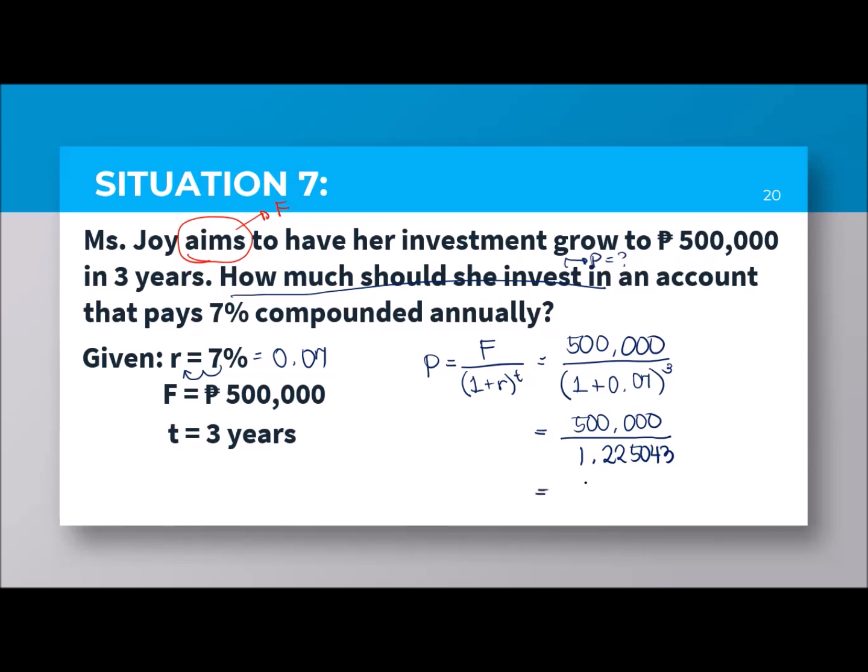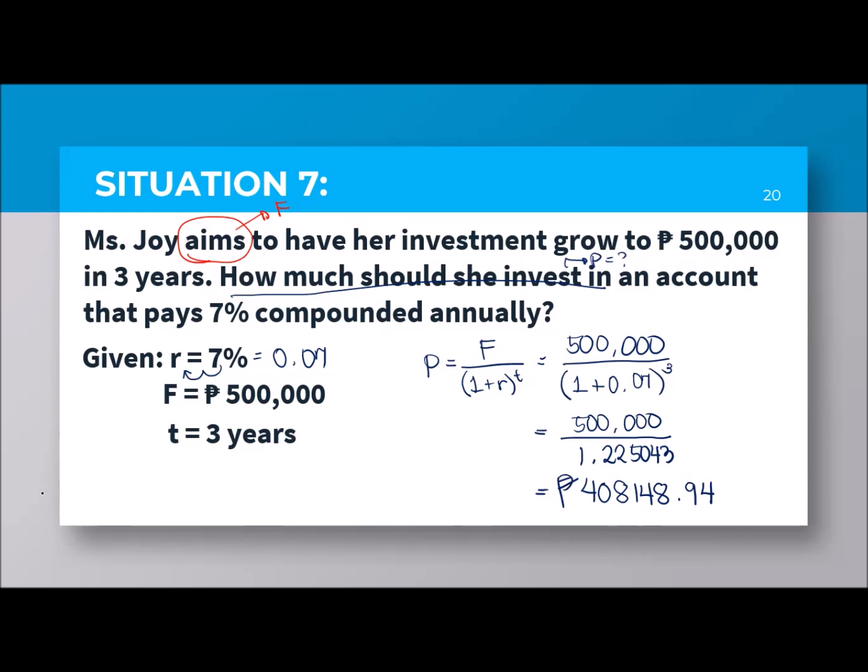So, the principal amount is worth 408,148 pesos, 0.94. Rounded off na po siya. Okay po.